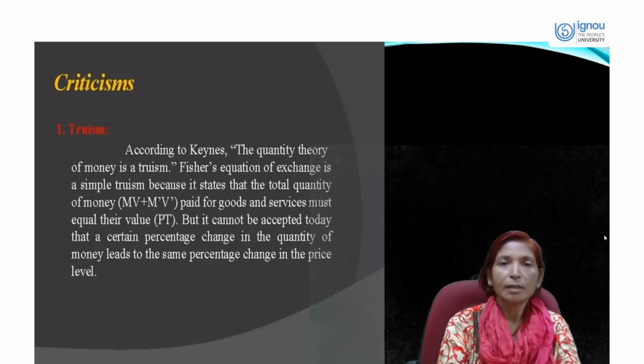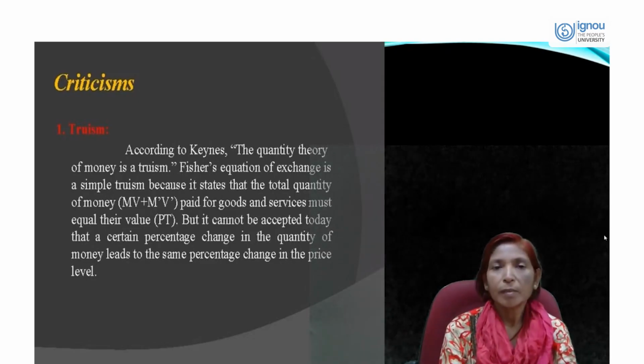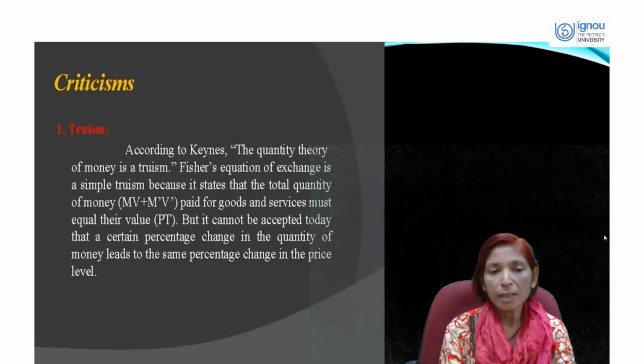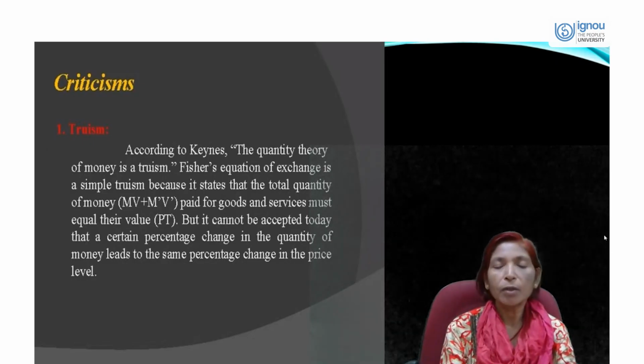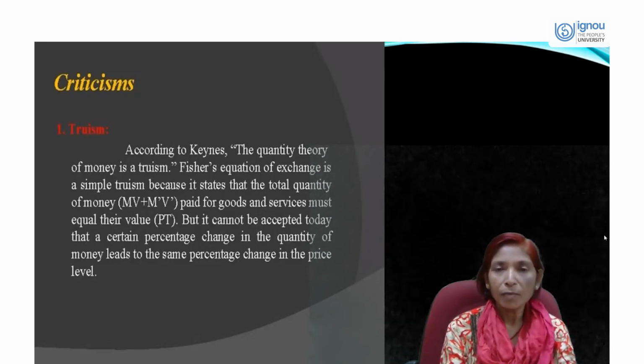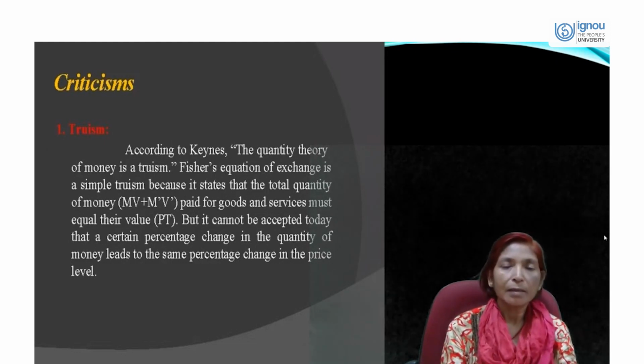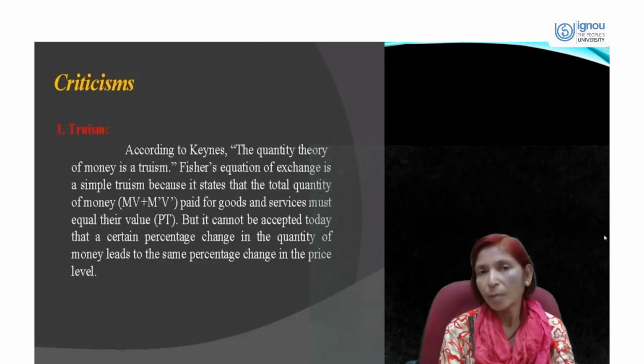According to Fisher, there is a positive, proportionate, and direct relationship between money supply and the general price level, but it cannot be accepted today, because it is not always possible that if money supply doubles, then price level will also double.